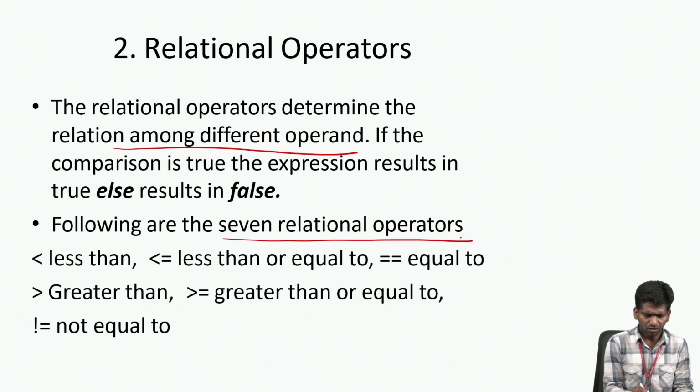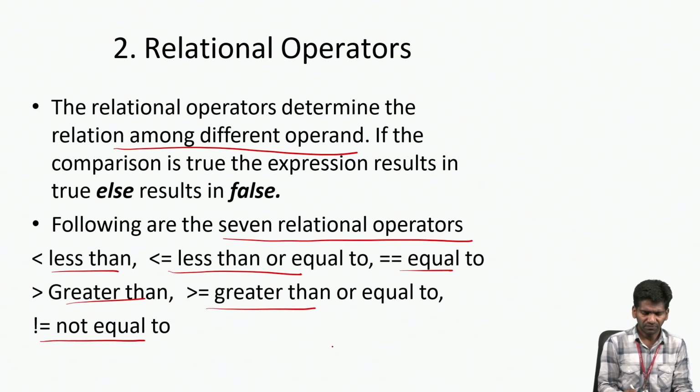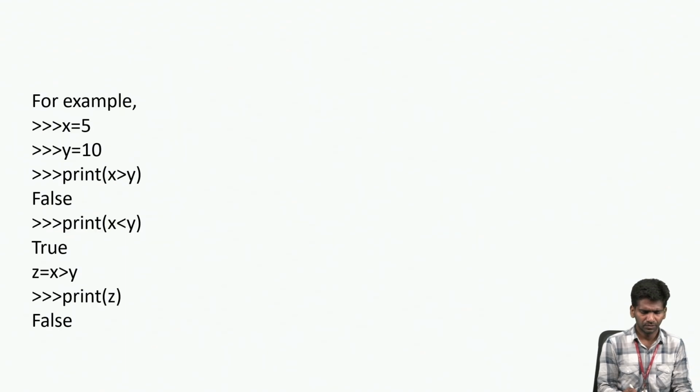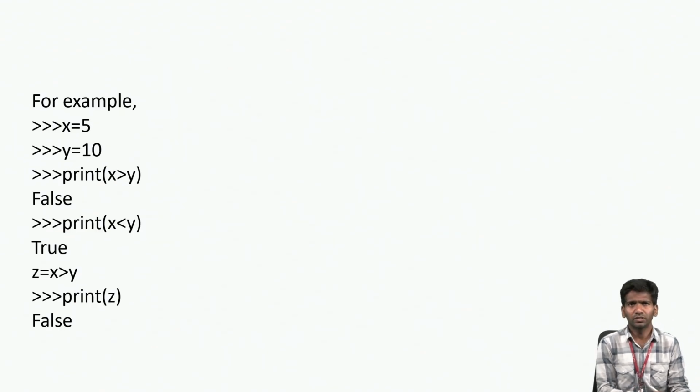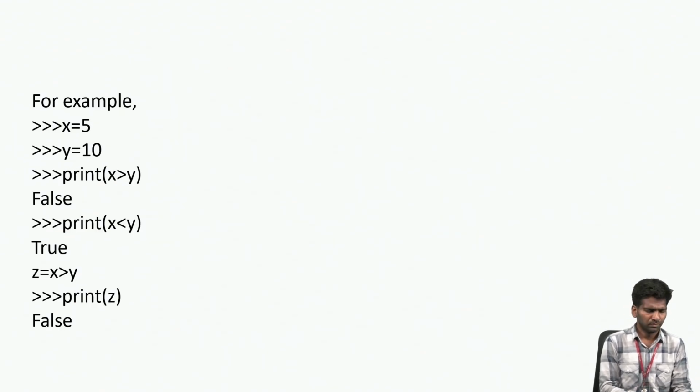There are 7 relational operators: less than, less than or equal to, greater than, greater than or equal to, equal to, and not equal to. Examples you can explore, while doing simple calculations you can use these operators.